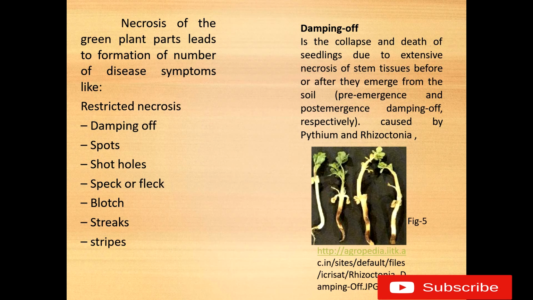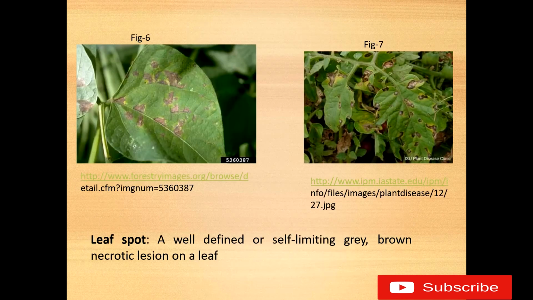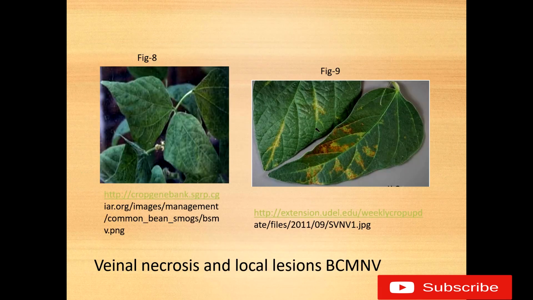The seedlings collapse and die, mostly at the plant part just above the roots, that is the stem tissues. And leaf spots: you can see gray, brown or necrotic lesions on the leaf. In this picture you can see it very clearly. These leaf spots are another symptom.